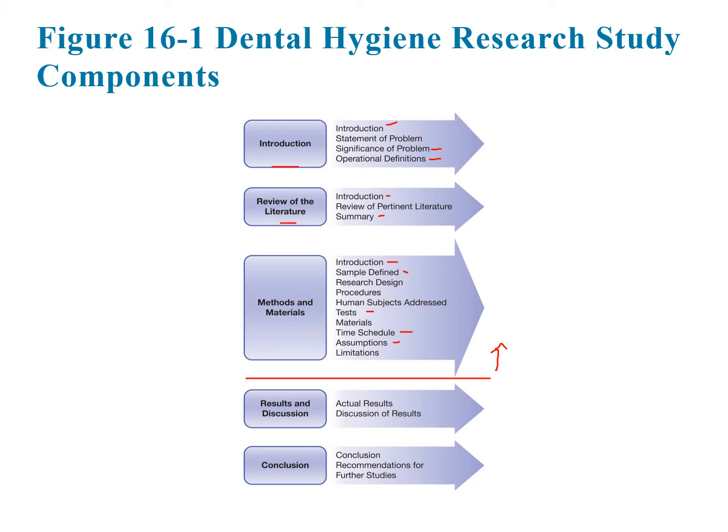Because in order for your study to move forward, you have to make certain assumptions. And then the limitations of your studies. The fact that you were not at their house watching them floss every single day is probably a limitation, right?